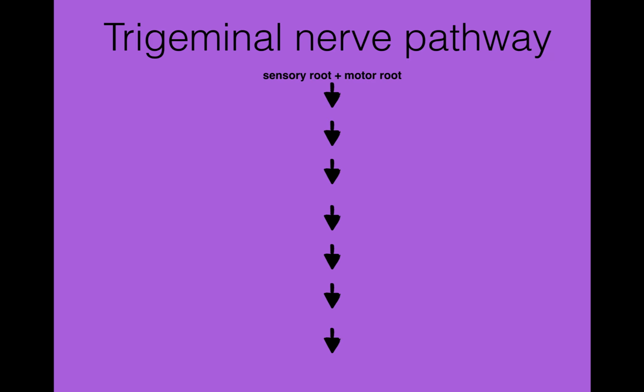And then together, these two pass below the tentorium cerebelli to the mouth of the trigeminal cave. And then it traversed the petrous bone and reached the middle cranial fossa.